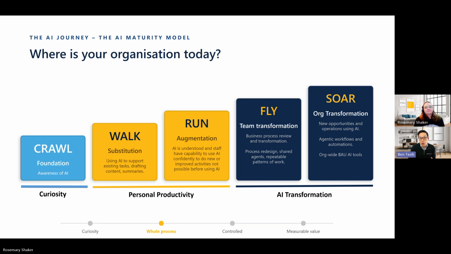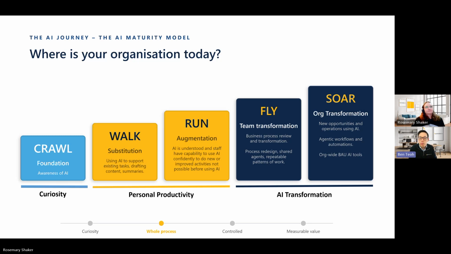So where we talk about personal productivity, it's where people are doing two things. One, they might be getting AI or Copilot to help them with an existing task, like that draft, or like doing some of that research. And that's great, right? So that's your walk phase, and where we see a lot of people spending a lot of time.